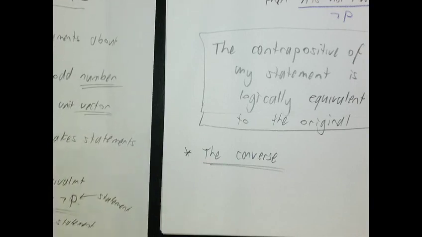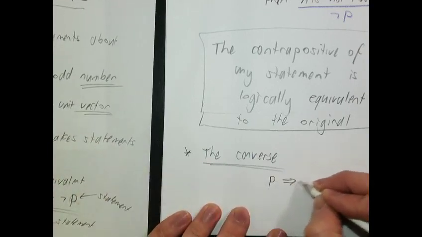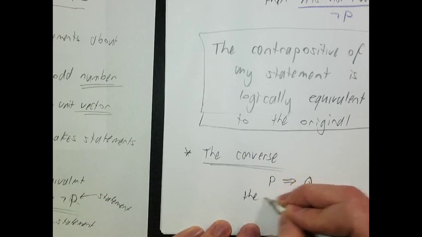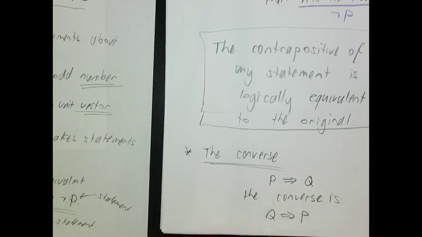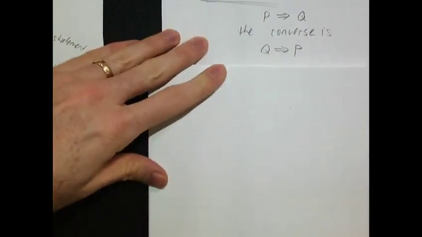You start with P implies Q. The converse is Q implies P. Okay, but remember, we're not at the moment dealing with whether Q implies P and P implies Q are equivalent to each other. We're just talking about something that we could reasonably do to a sentence to create a new sentence. So creating the converse is something that we can do to a sentence in the same way as finding the inverse is something we can do to a matrix.